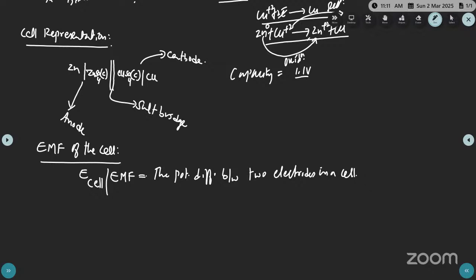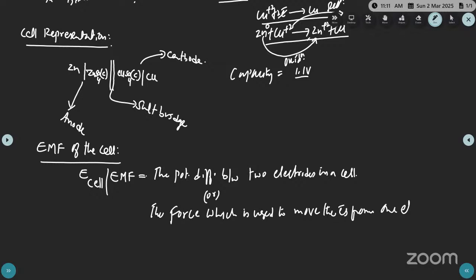And also we can define EMF like this. EMF is electromotive force. The force which is used to move the electrons from one electrode to another electrode.